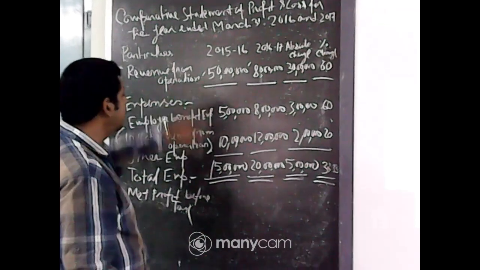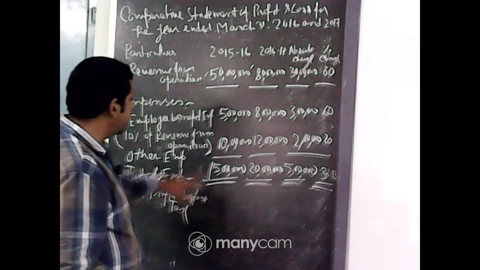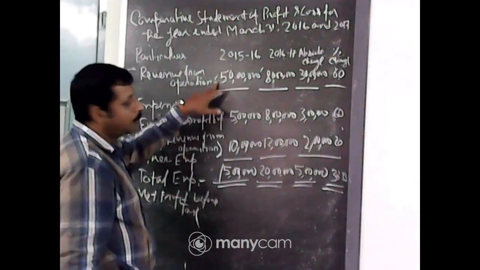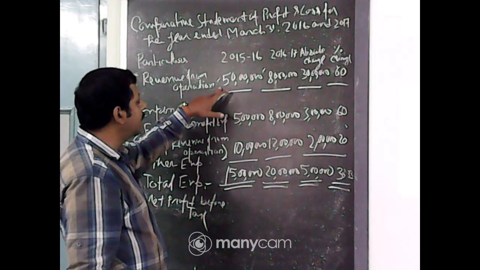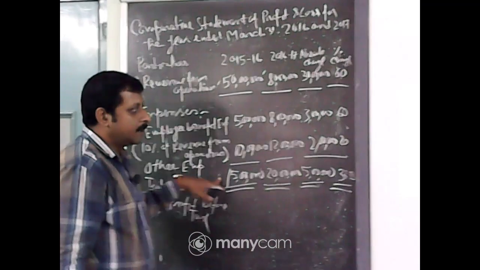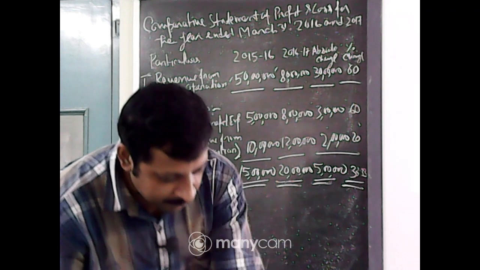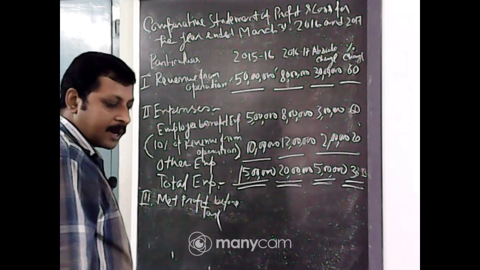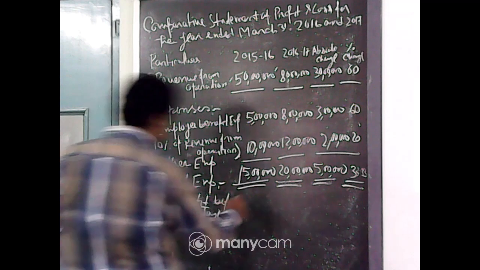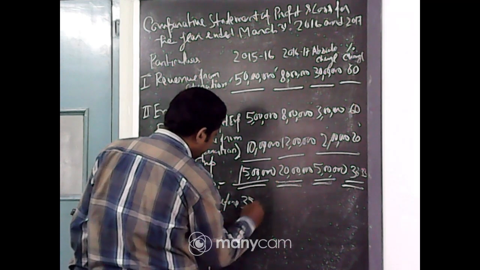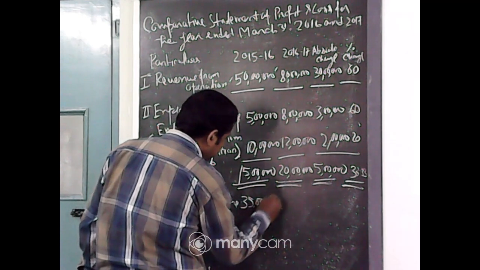That is 50 lakh. What is your total expense? 15 lakh. Just deduct 50 lakh minus 15 lakh. What is the figure? That is 35 lakh, your net profit before tax.